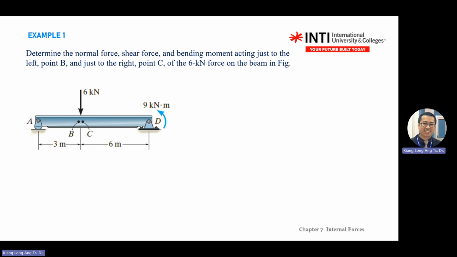Again, how to solve AY and DY? All the forces equal 0 and all the moments at point A or point D equal 0, and you are able to find AY and DY. Because this is in the Y direction, you just need the sum of forces in Y equals 0.